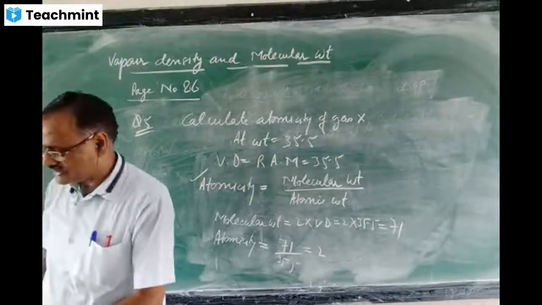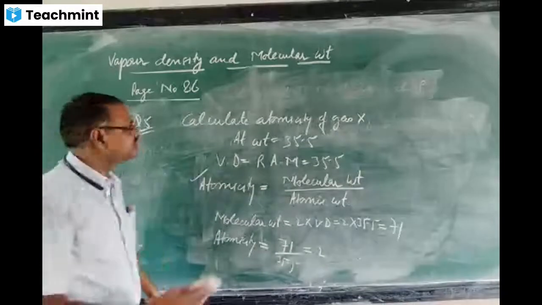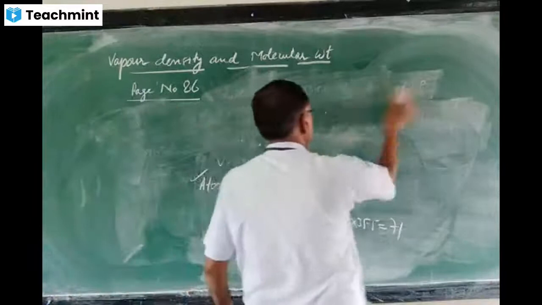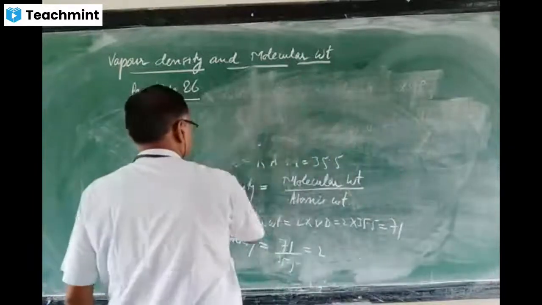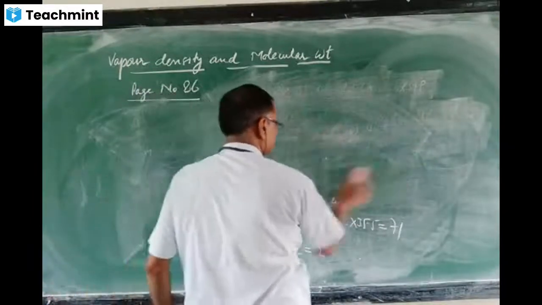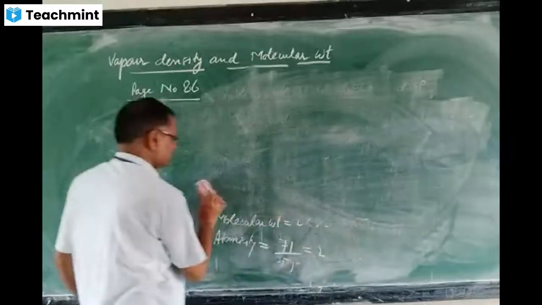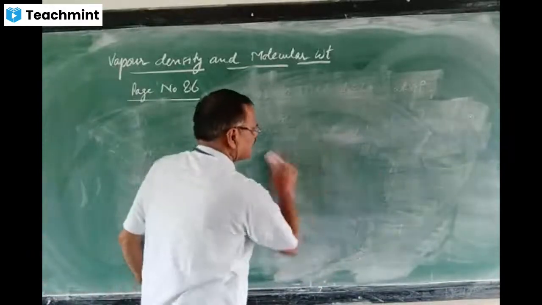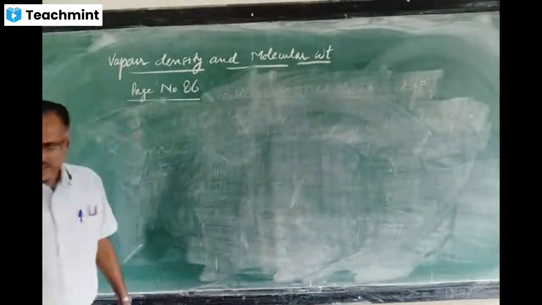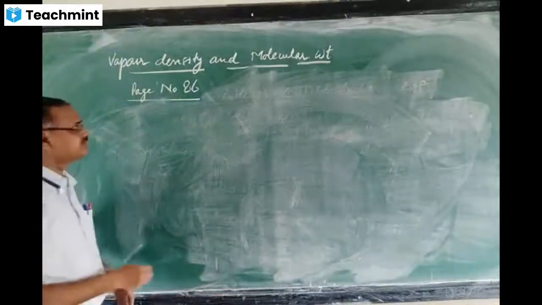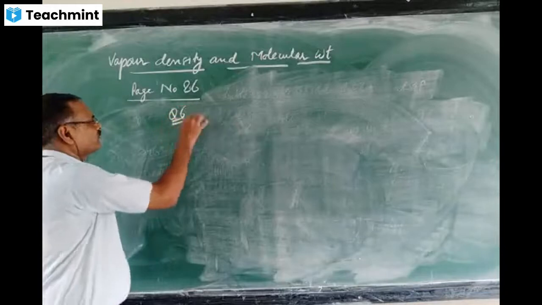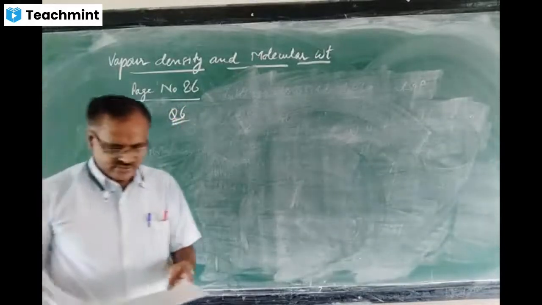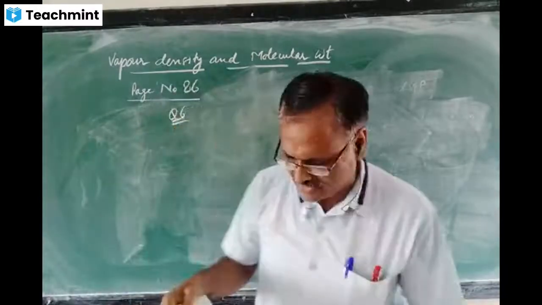Now, question number 6. What is given here?